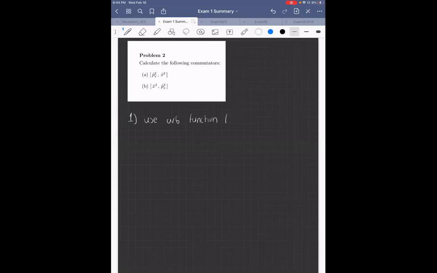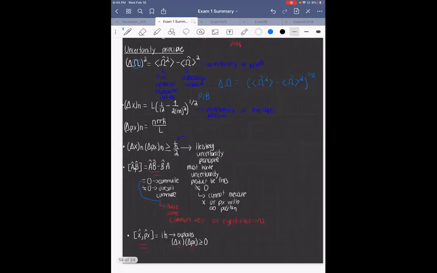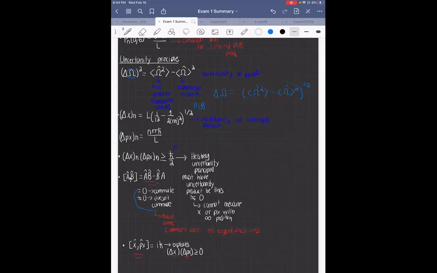Okay, so the first step for calculating commutators is basically to use an arbitrary function, like f. A commutator is basically just an operator, and after expanding it, we saw from our definition what the commutator equation is.